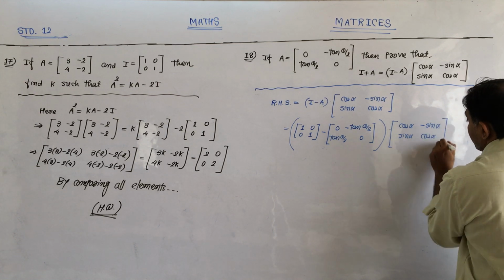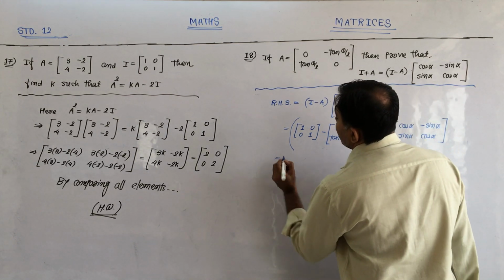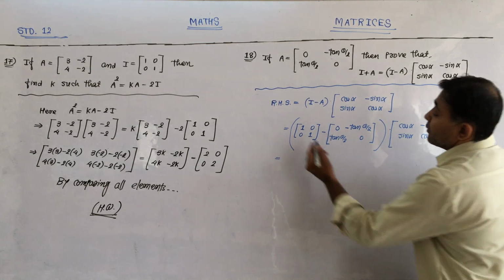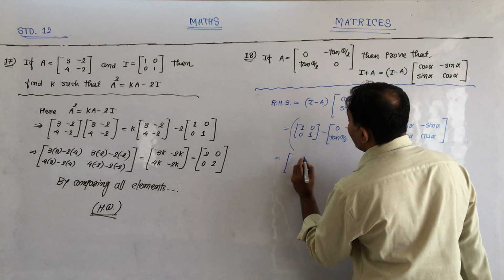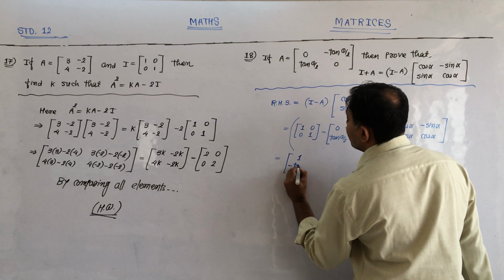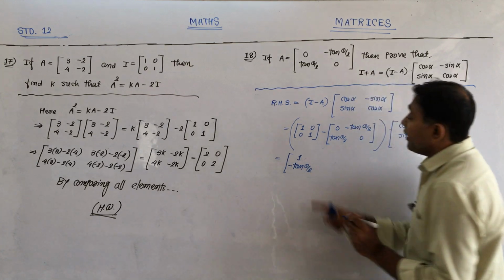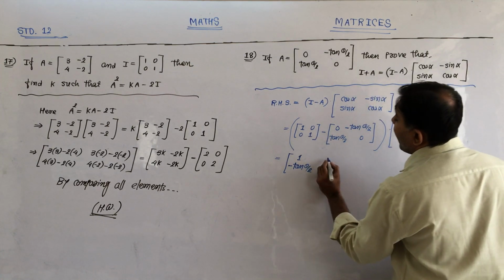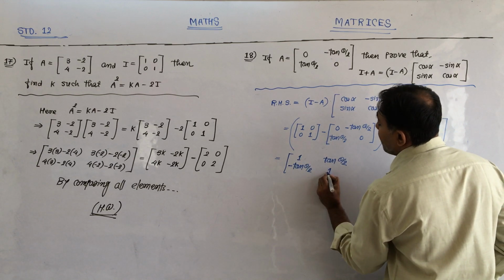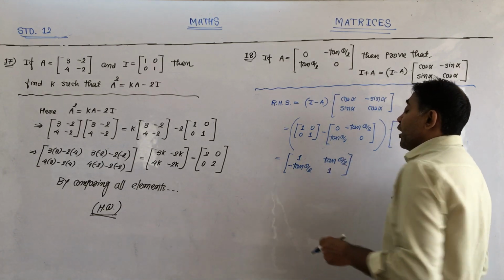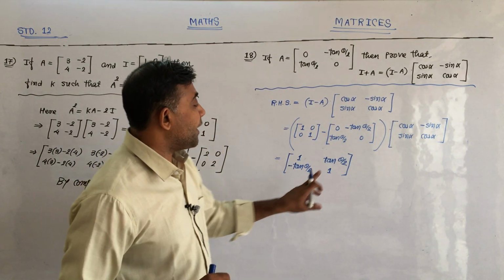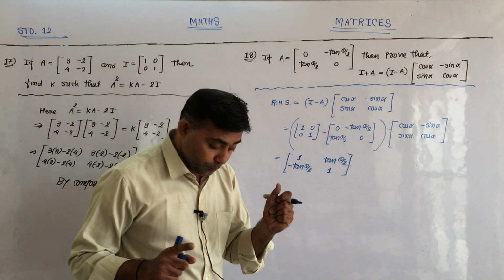Now this subtraction is very obvious. 1 minus 0 is 1. 0 minus tan theta by 2 is minus tan theta by 2, my friend. This is 0 minus of minus, so plus tan theta by 2, and 1 minus 0 is 1. It means in this matrix all the terms are trigonometric expressions of tan theta by 2.